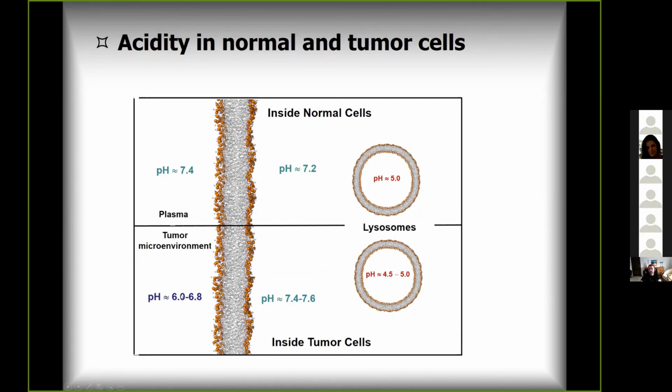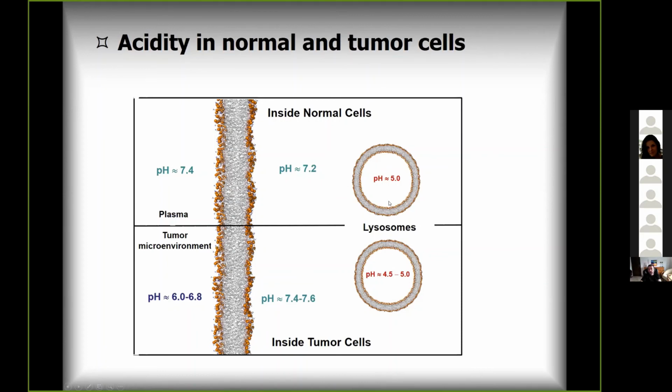Of course, 6.0 will be the most aggressive tumor. Inside, it doesn't change much, 7.2. Some authors claim that inside tumor cells, the pH is slightly increased, somewhere around 7.4, 7.6.